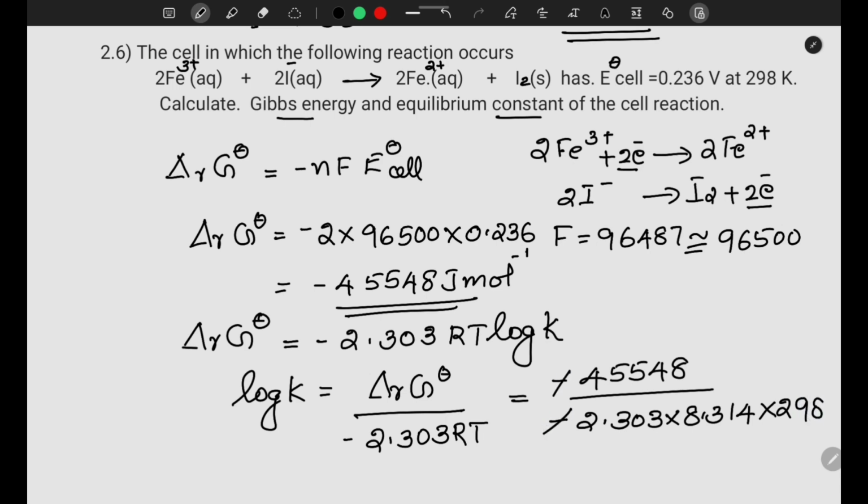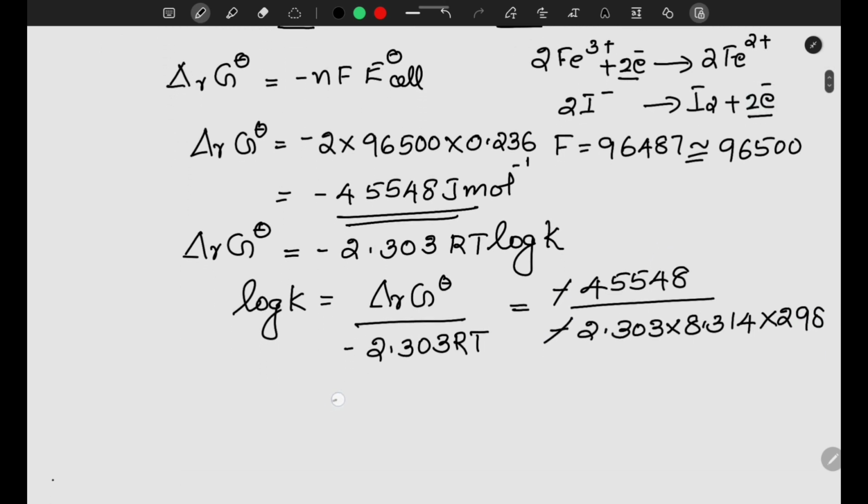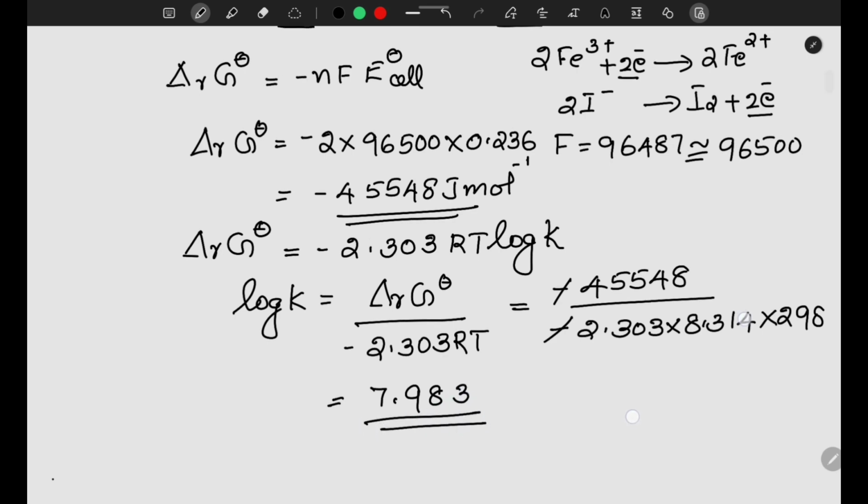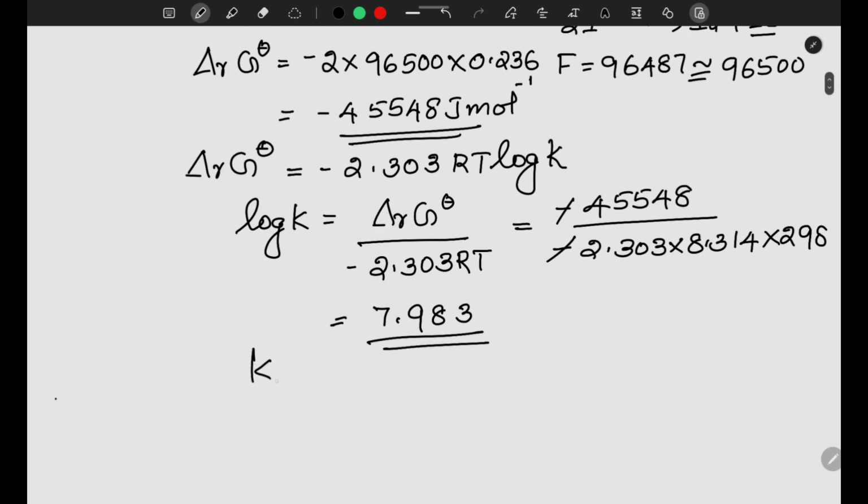When we simplify this, we will get 7.983. So K is equal to anti-log of 7.983.